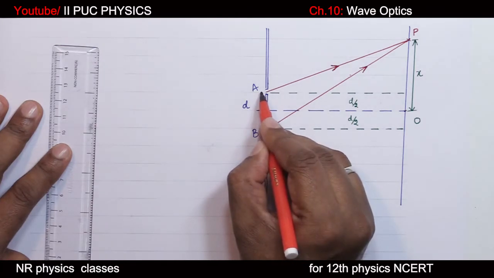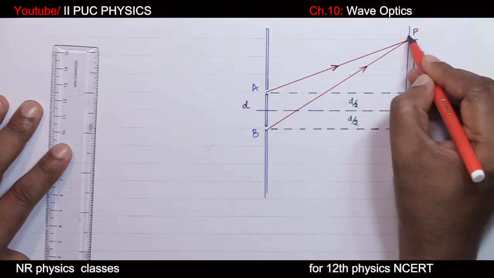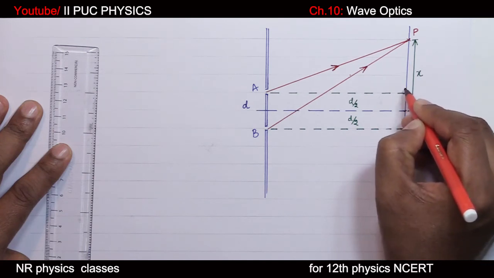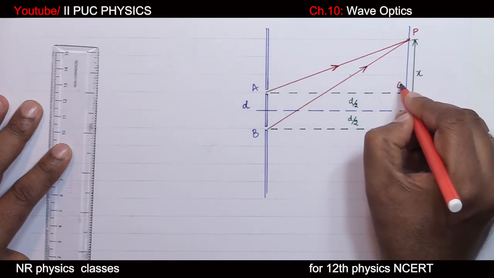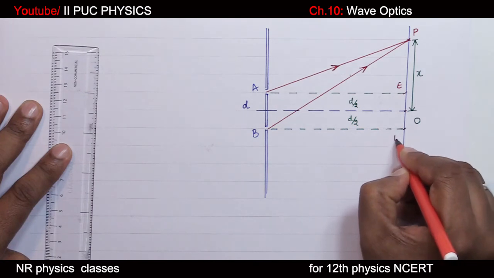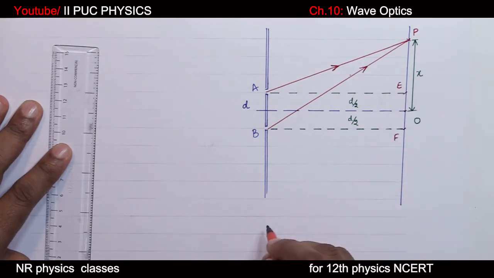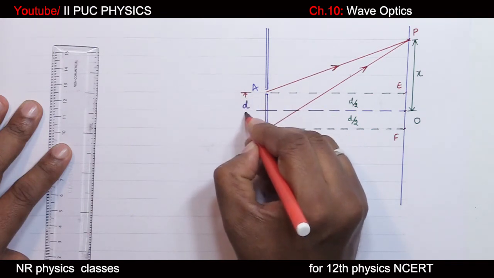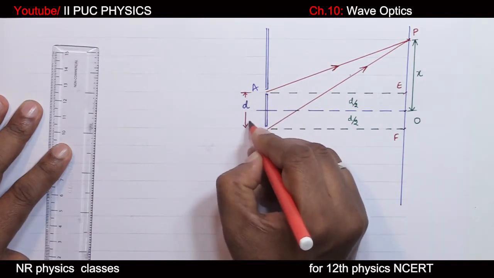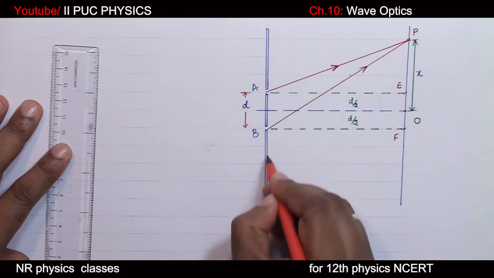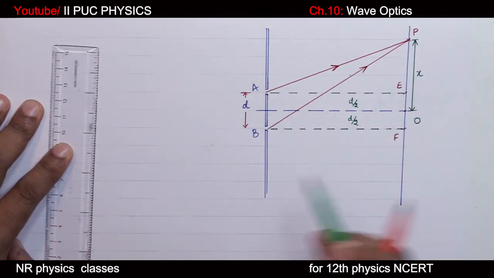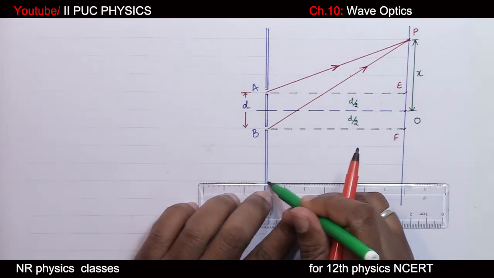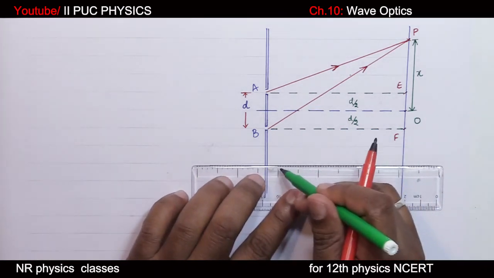A, B, P, center of the screen O. Let this point be E and this point be F. The distance between A and B is small d. The distance between slits and the screen is capital D.